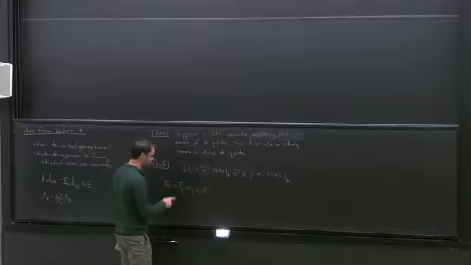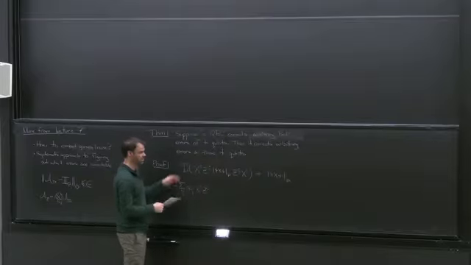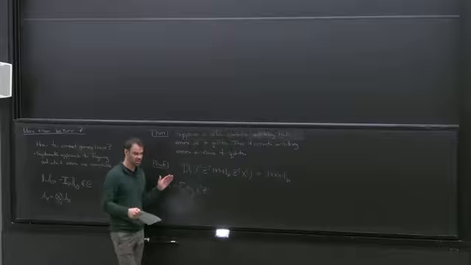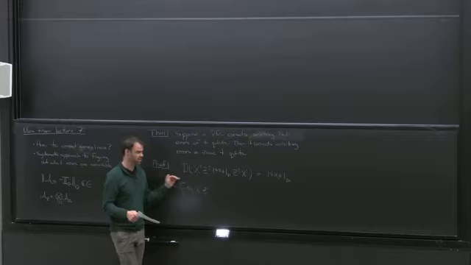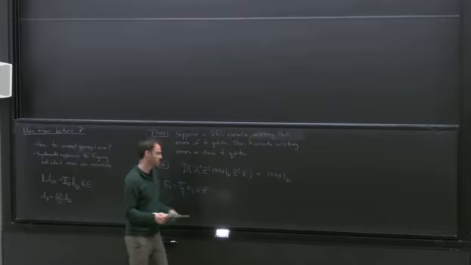And then I also want to think about the isometric extension of this channel, right? So we know that I can always view this channel as coming from some unitary that acts on this input plus some ancilla and then traces out the ancilla.